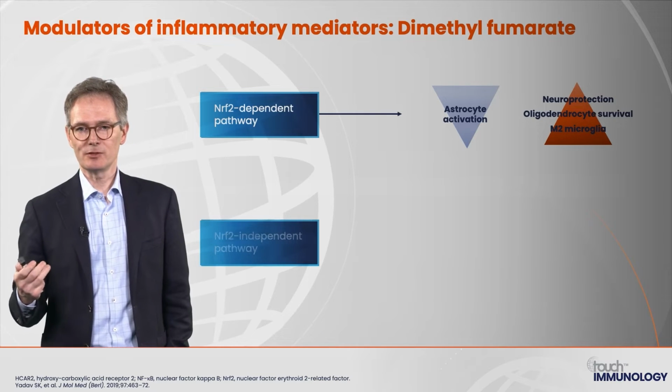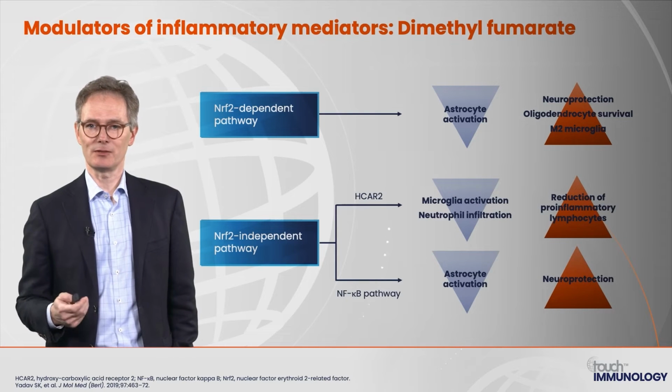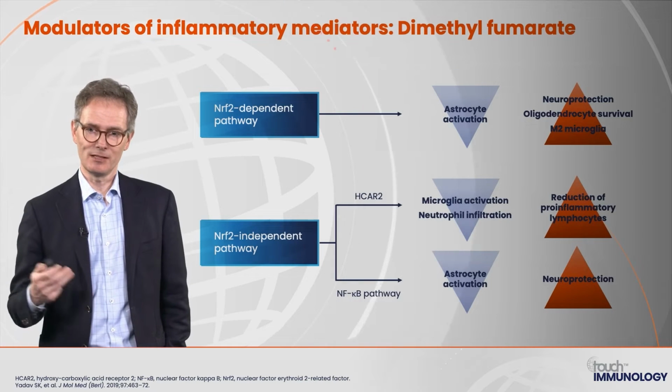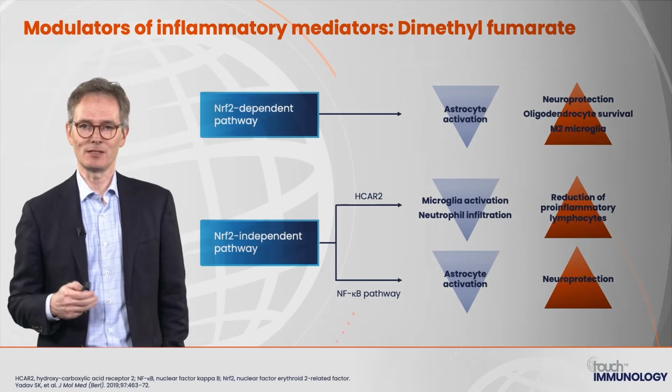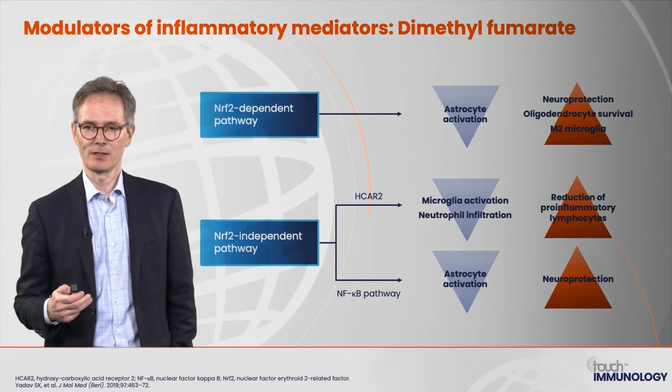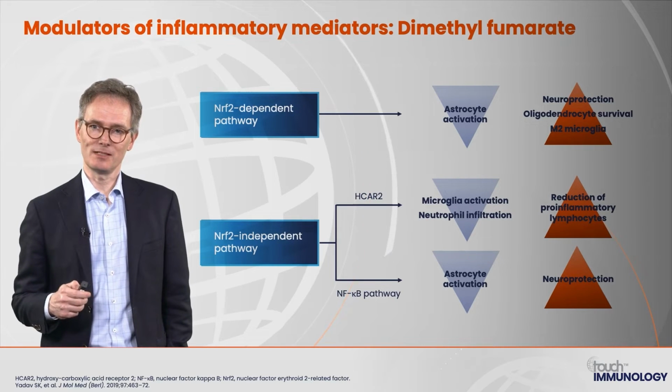A main action of the drug that we see in the blood is a reduction of pro-inflammatory lymphocytes, T lymphocytes that produce cytokines like GM-CSF, interferon gamma, TNF-alpha, and IL-2. How this reduction is really done by this treatment is not really known.